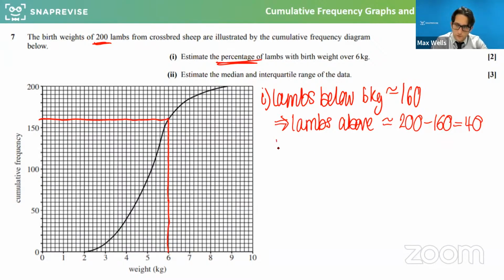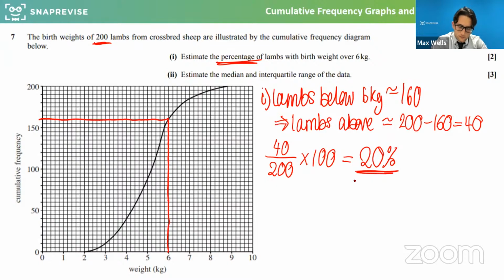Okay, so that would be 40 out of 200. Okay. Now the next one, estimate the median and interquartile range.